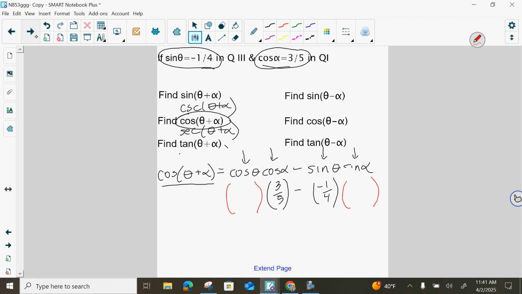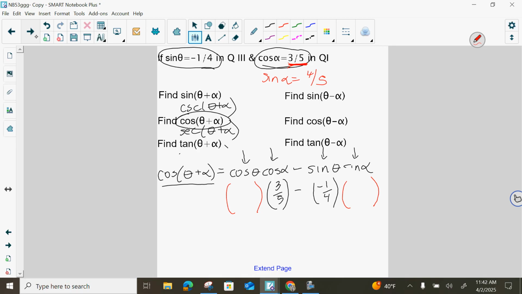Pythagorean's the better. Pythagorean or draw a triangle, way back to the original drawing triangles, right? What type of triangle is this one, though? If I give you 3/5, 3, 4, 5, right? So isn't sine of alpha 4/5 for our 3, 4, 5 triangle?